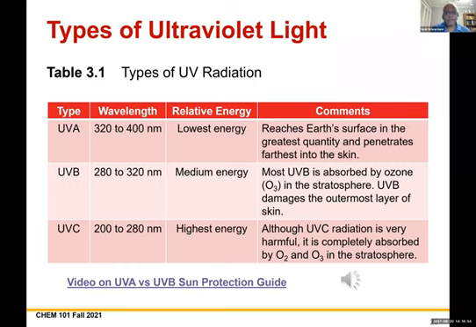Out of these, a very small amount of UVC comes to the surface of the Earth. UVB could be reaching if the ozone layer is getting thinner. Therefore, we have to worry about UVB where the ozone hole is bigger.